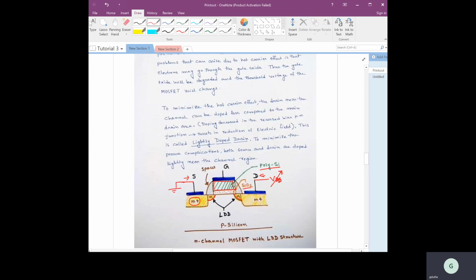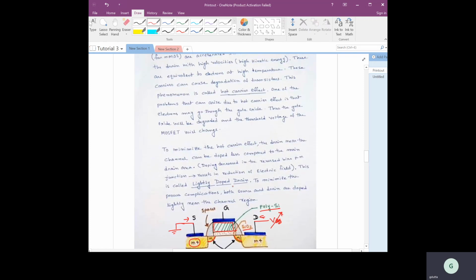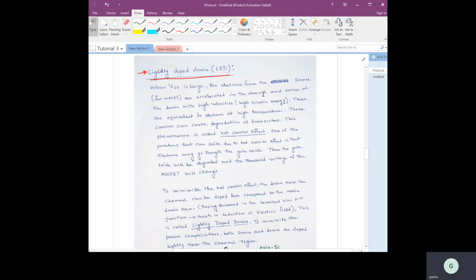You can see this from here: when VDS is large, the electrons from the source accelerate in the channel and arrive at the drain at very high velocity. That is quite easy to understand. That means the electron's kinetic energy becomes quite high, right?